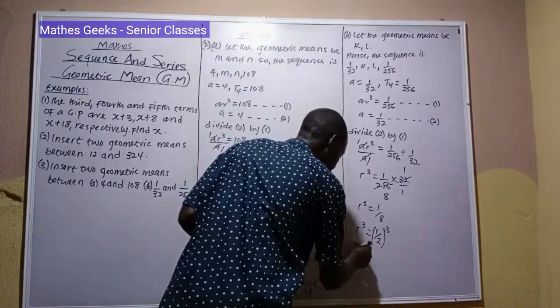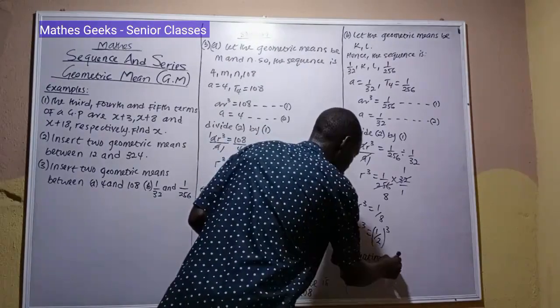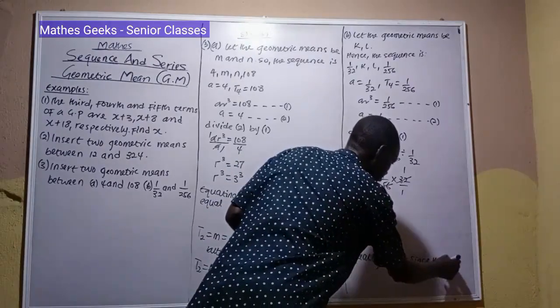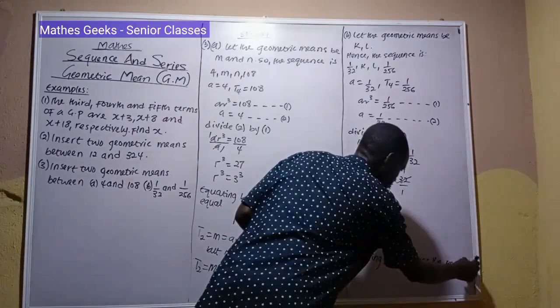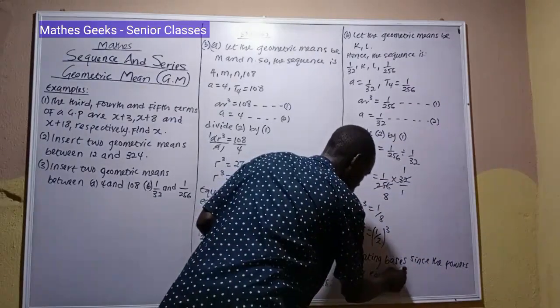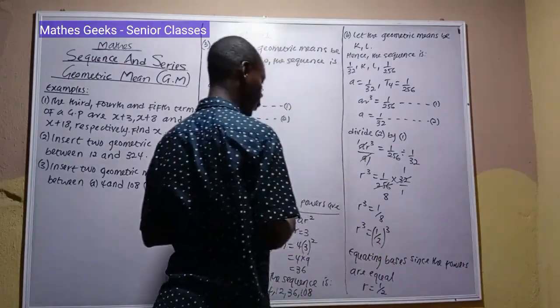So equating bases, since the powers are equal, r is equal to 1 over 2.